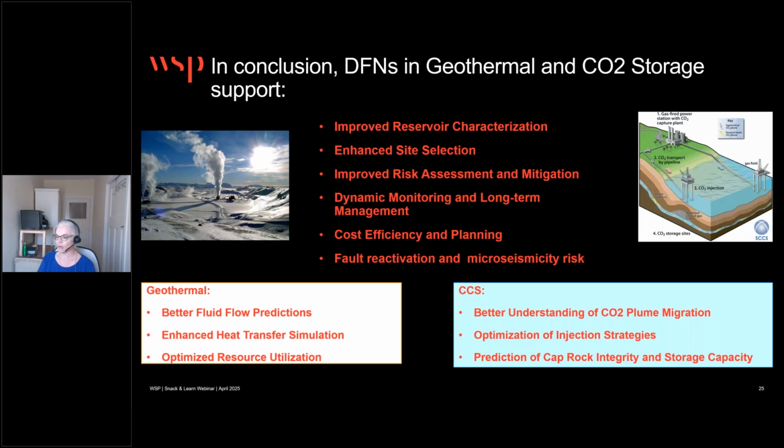For geothermal cases specifically, DFN modeling supports improved fluid flow predictions, enhanced heat transfer simulation, and optimized resource utilization. And finally, for CO2 storage cases specifically, DFN supports improved understanding of CO2 plume migration, optimization of injection strategies, and prediction of cap rock integrity and storage capacity.